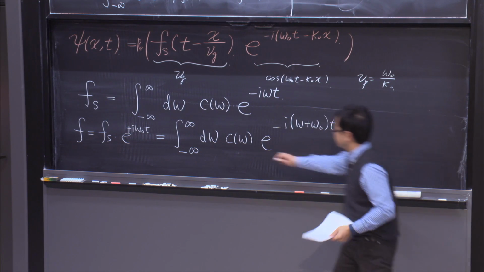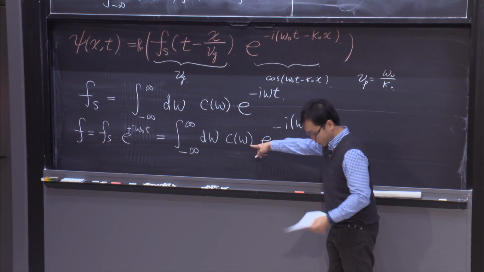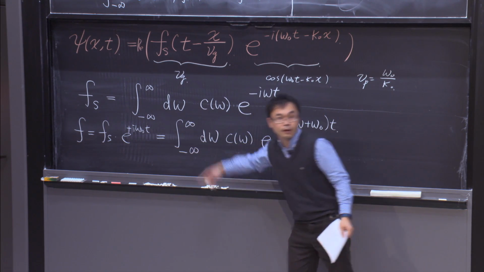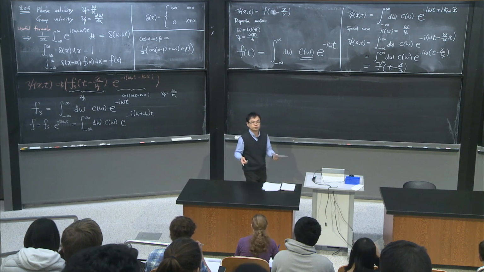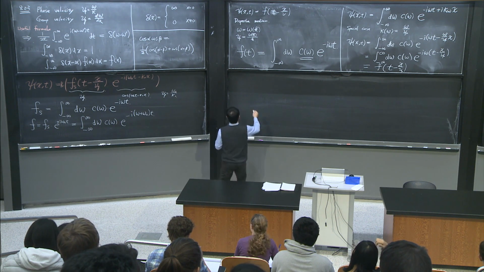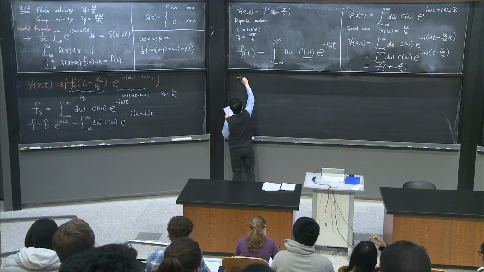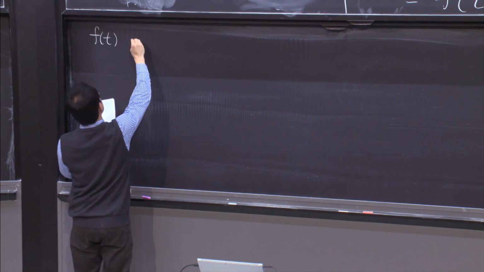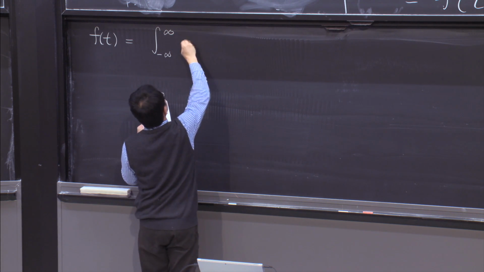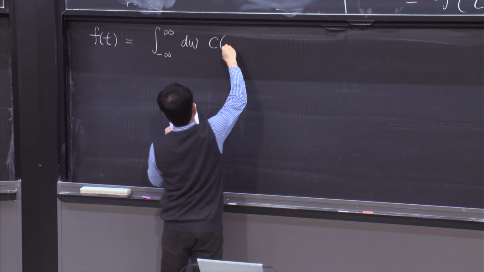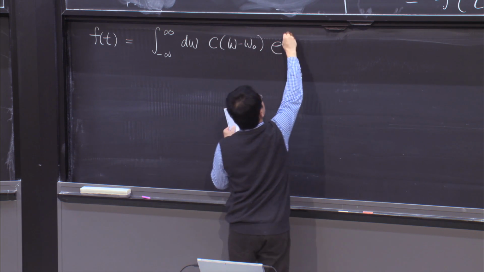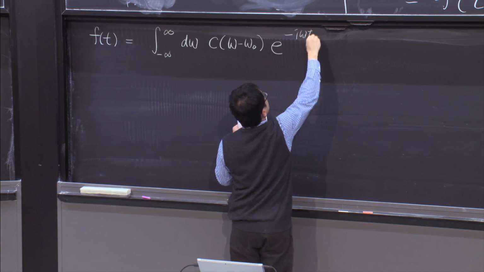Since this is an integration over omega from minus infinity to infinity, I always have the freedom to shift the origin. That means f of t can be written as the integral from minus infinity to infinity d omega, c(omega minus omega 0), exponential of minus i omega t.